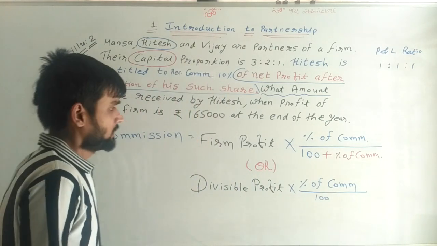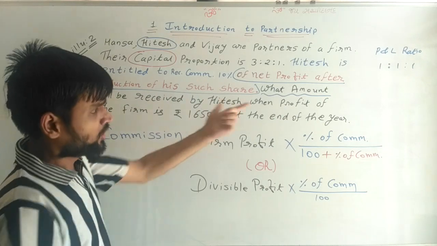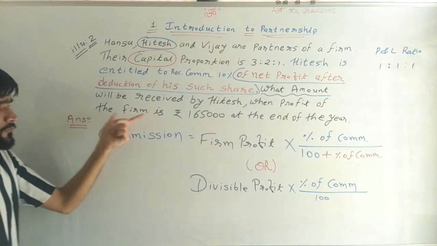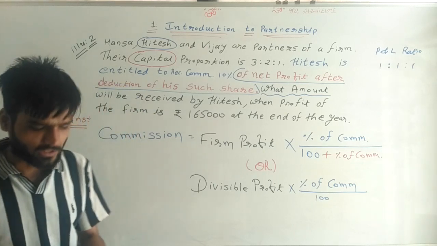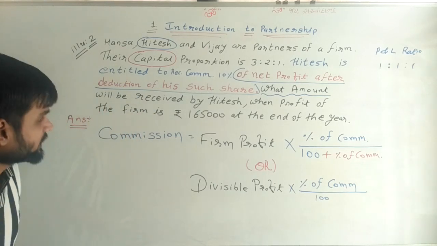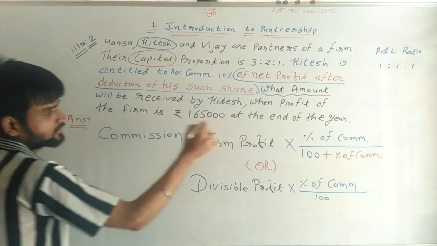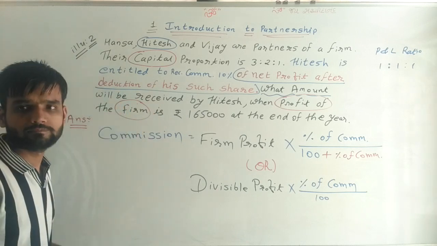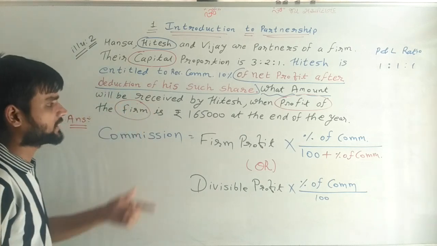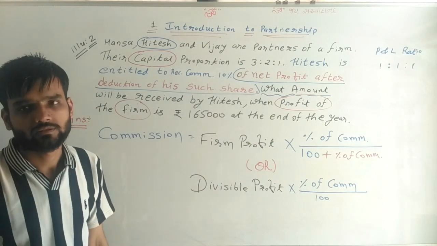Now, received by Hitesh, when the profit of the firm is rupees 1,65,000. Here the firm's profit is given: 1,65,000 rupees.